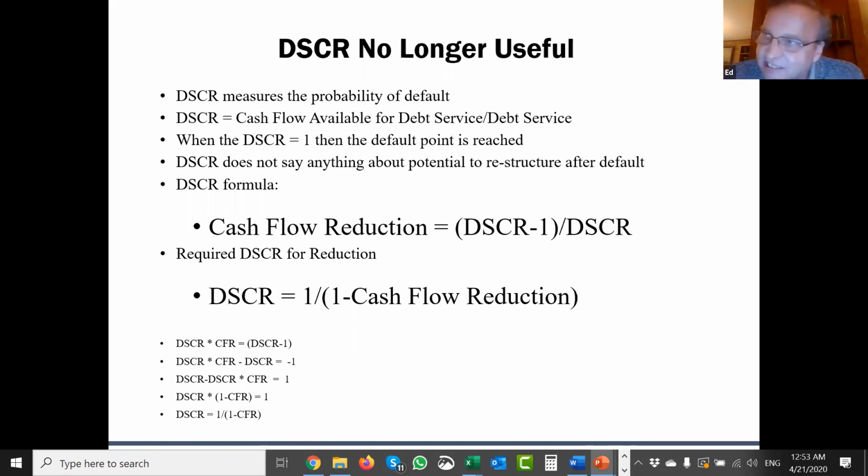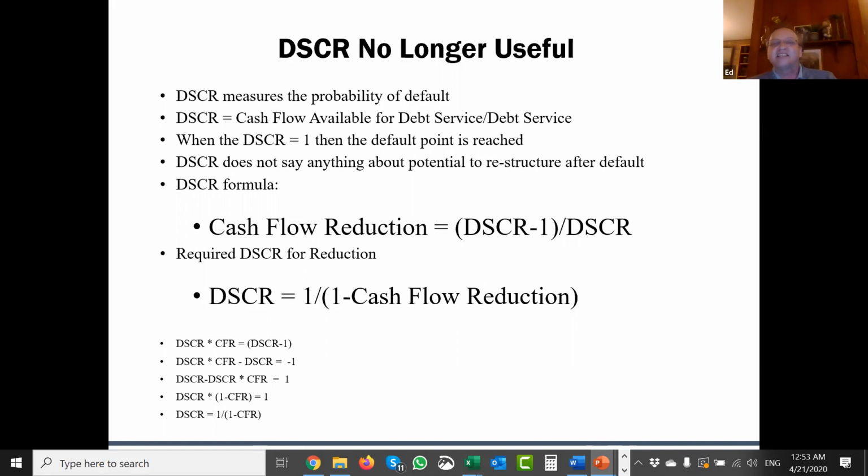If you have a DSCR, cash flow divided by debt service, of 2 times, 200 of cash flow divided by 100 of debt service, well then the cash flow can go down from 200 to 100 and you can still pay off the debt. The DSCR was 2 in my example, 200 divided by 100. But if you take 100 over the 200, that's a 50% decline.